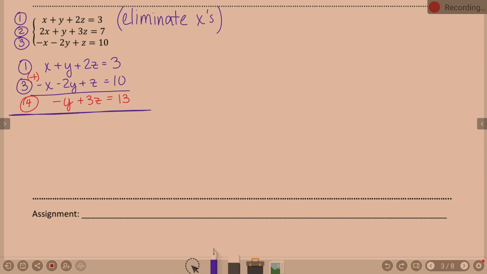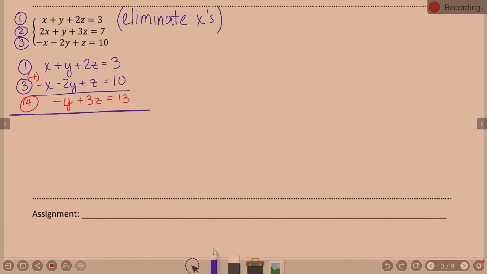Now, we have to get an equation 5. So, we used 1 and 3 to begin with. We're going to have to go back and use 2 with somebody. We don't have any other option here. So, 2 and what? 3. Okay, we have to use 2 with 1 or 3.